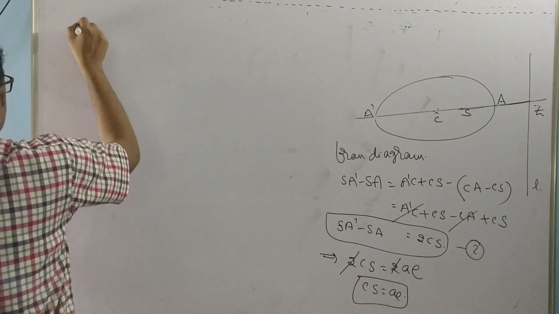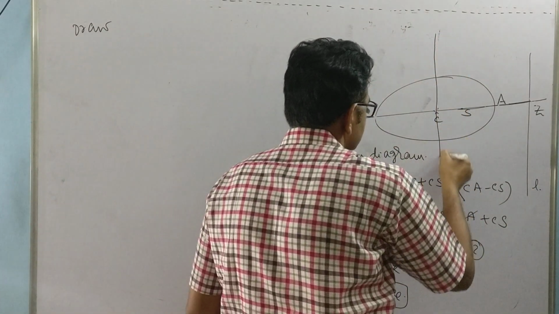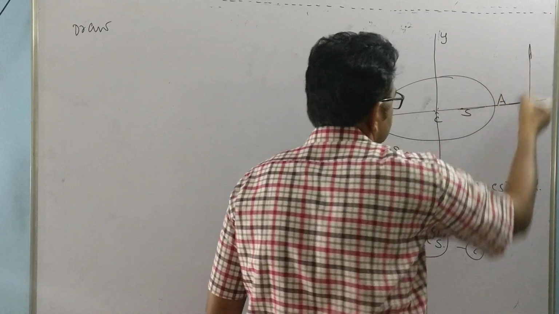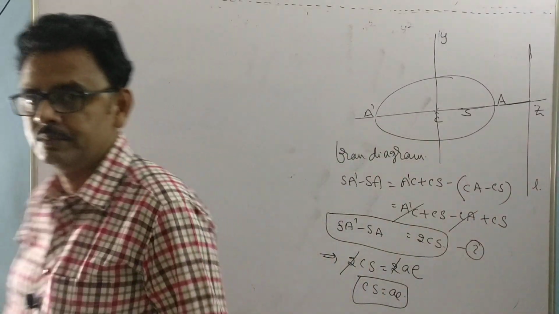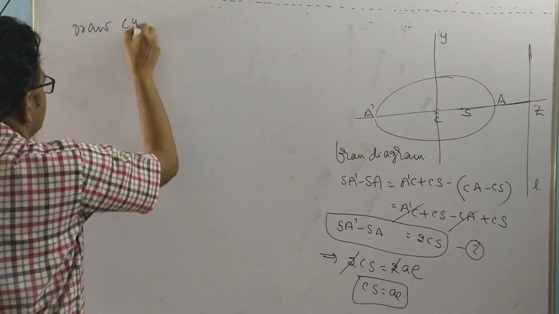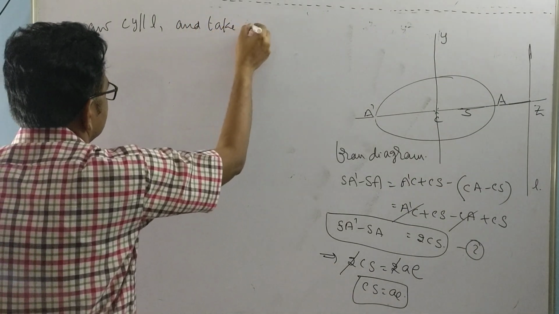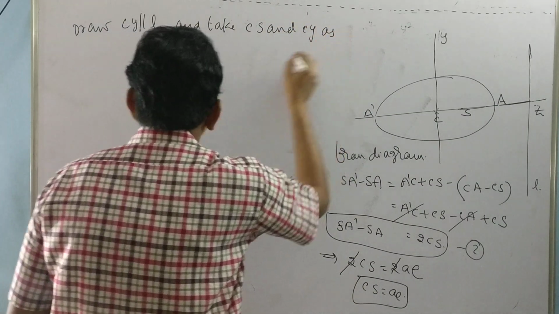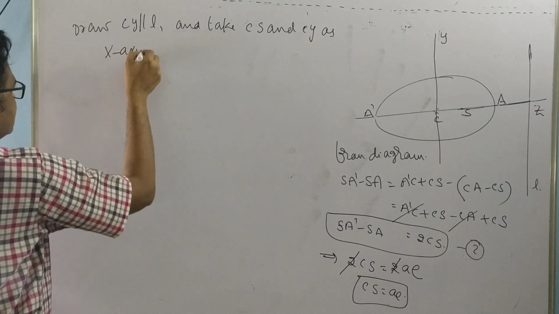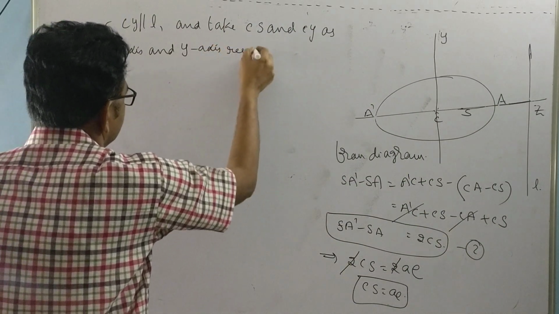Now draw CY parallel to the directrix L, and take CS and CY as x-axis and y-axis respectively.